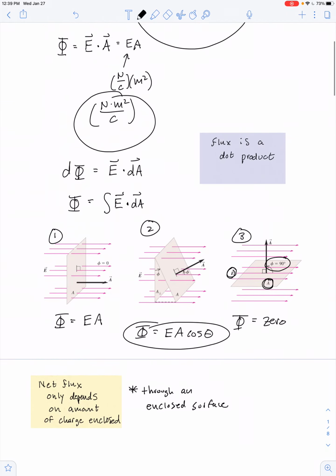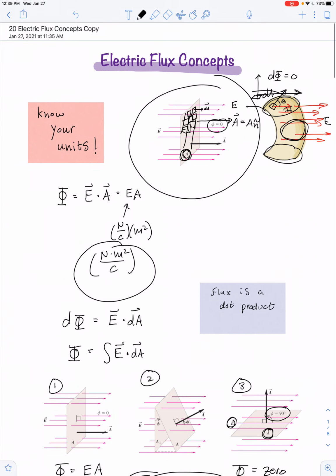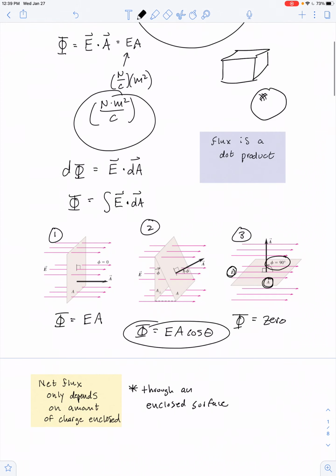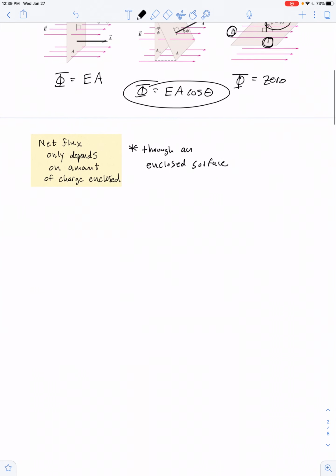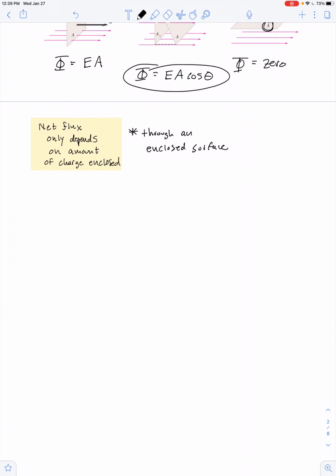Well, number one, in these previous examples we don't have a closed surface. This is an open surface. Something like a cube would be a closed surface. A complete sphere would be a closed surface. These are all open surfaces. Here we want to talk about closed surfaces, and we'll be getting closer to the point of Gauss's law. So the net flux through any closed surface only depends on the amount of charge that's enclosed by that surface.